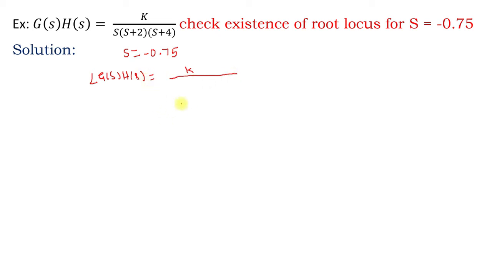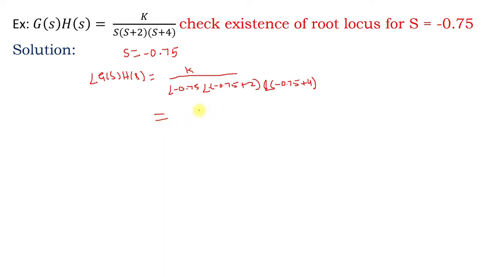I have to substitute the s value in the angle of minus 0.75. From the second term substitute the s value, that is the angle of minus 0.75 plus 2, and the third term is the angle of minus 0.75 plus 4. Okay, now we'll find the angle of this.